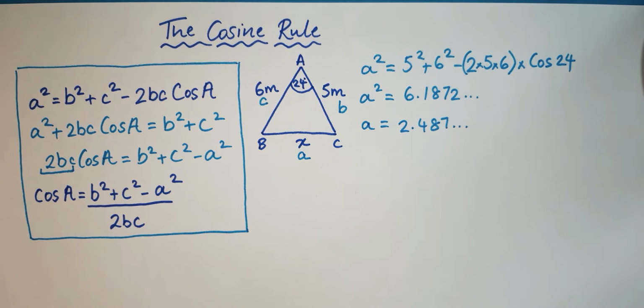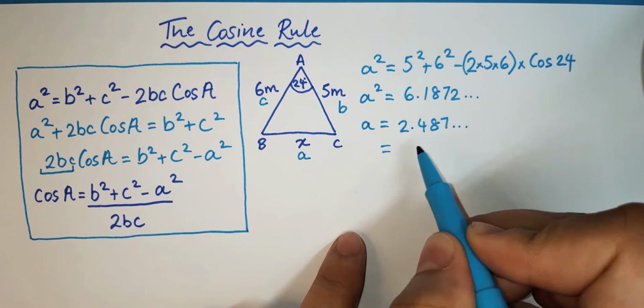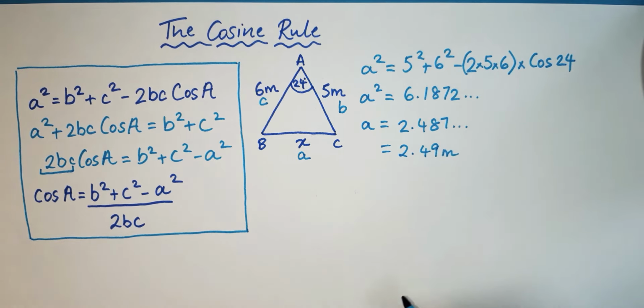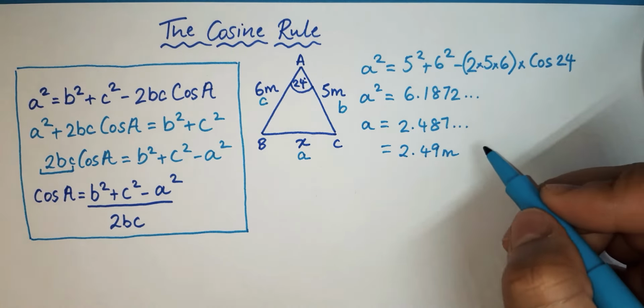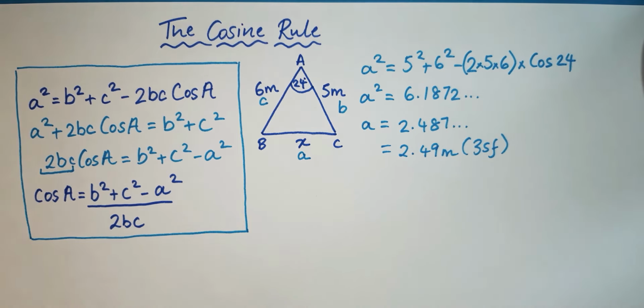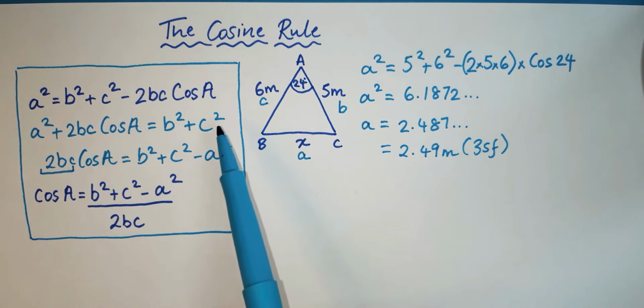Now remember that the question has asked us to give the answer to three significant figures. So a to three significant figures is 2.49 meters. And that is our answer. So that's an example of how we would use this first formula here for the cosine rule.